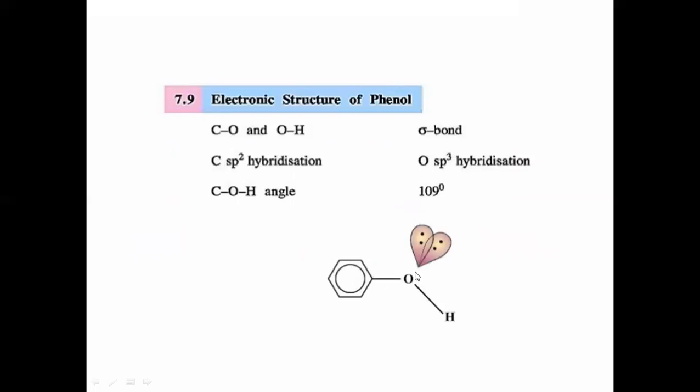The carbon-oxygen bond and the O-H bond are sigma bonds. The carbon has sp2 hybridization, and the angle between the carbon, oxygen, and hydrogen is about 109 degrees, with a dipole moment.